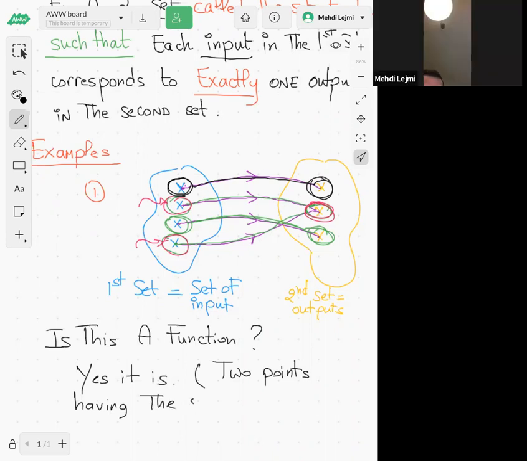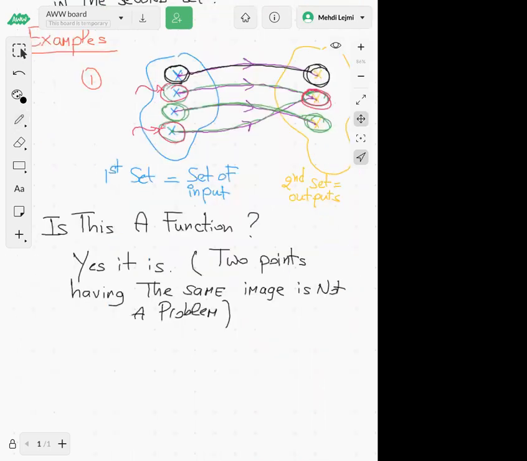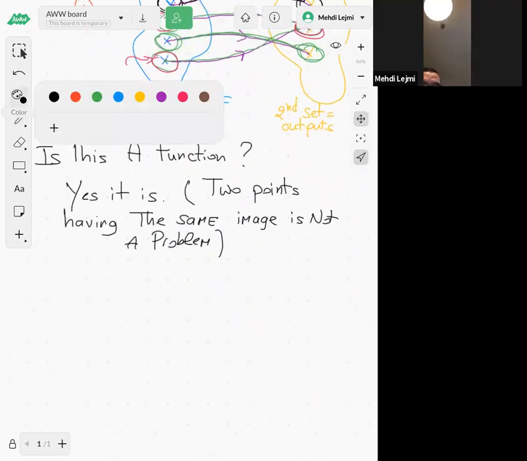It's still a function. All right, so now let me give you an example where it's not a function. Okay, so second example.